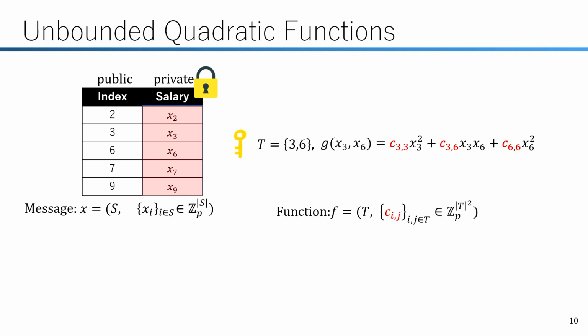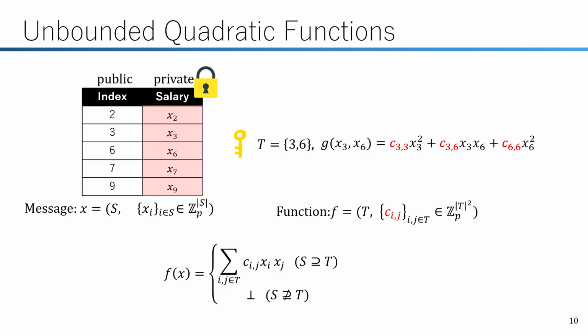And the function consists of the target index set T, which specifies which indices will be used to decrypt and compute the quadratic function, and coefficients Cij, which specify what kind of quadratic function is computed.